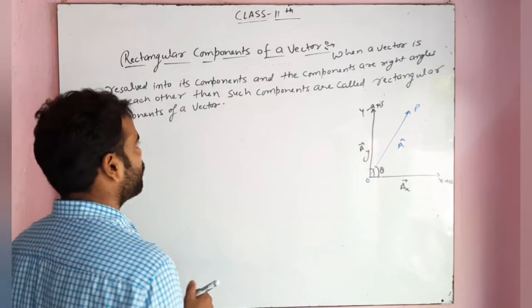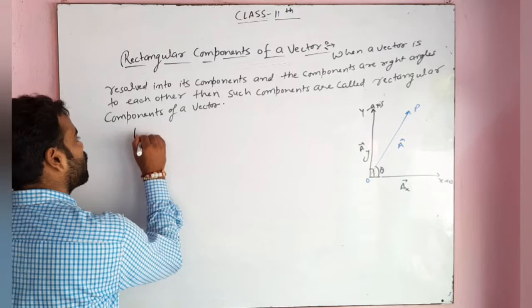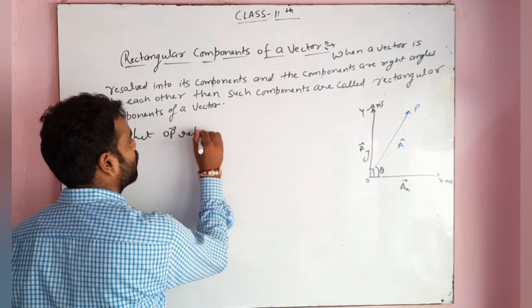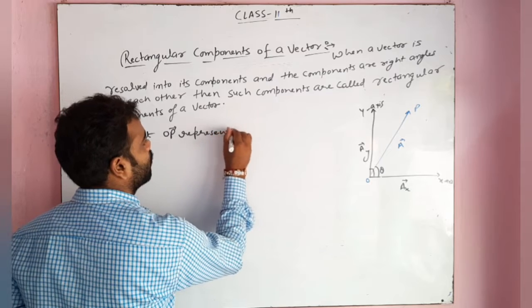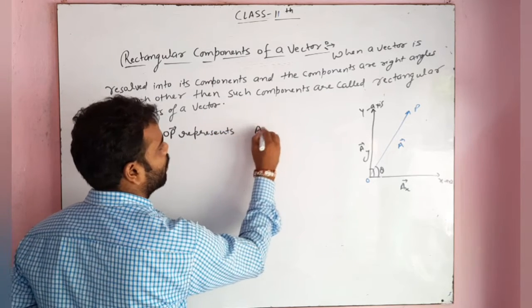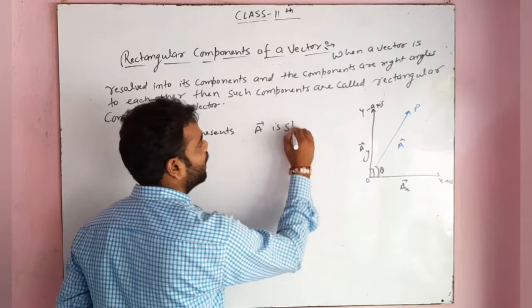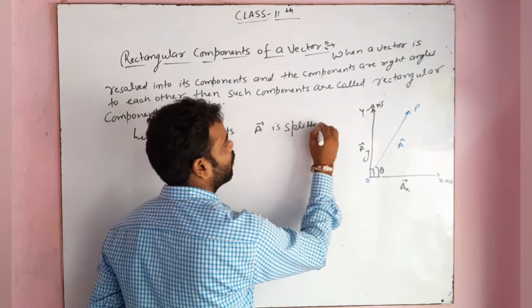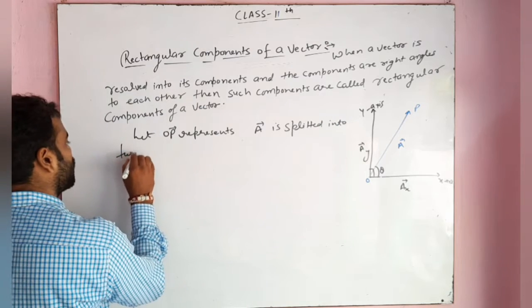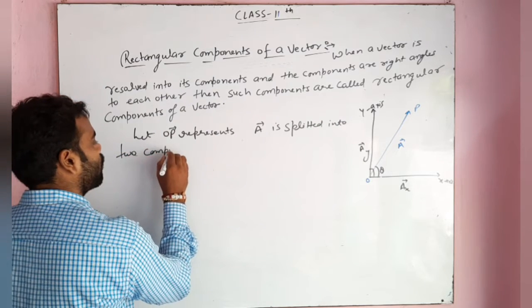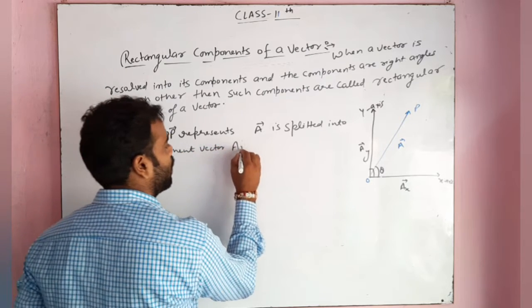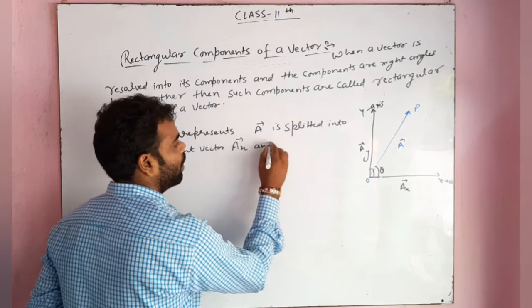So let this OP represent vector A, which is split into two component vectors Ax and Ay.